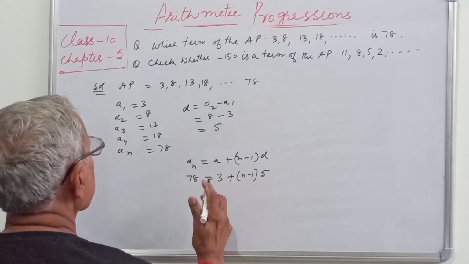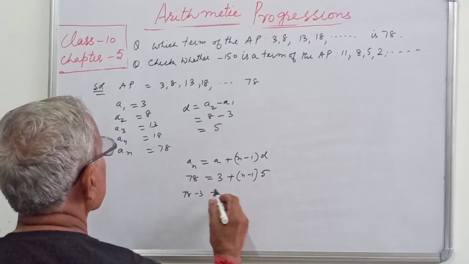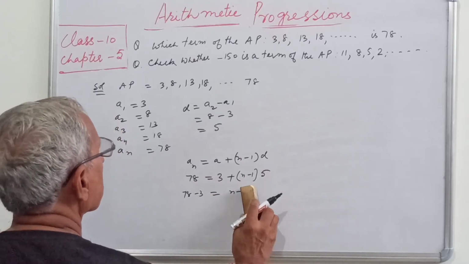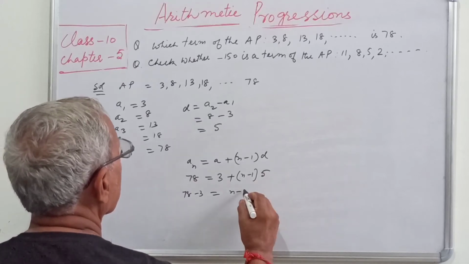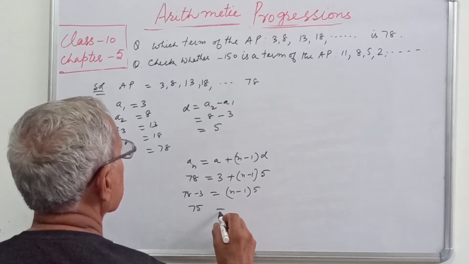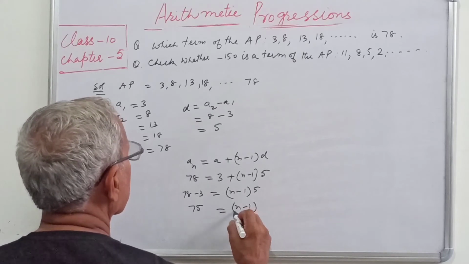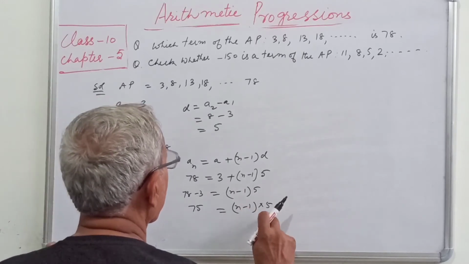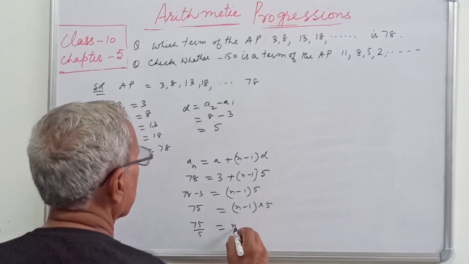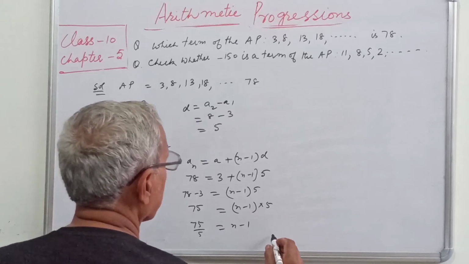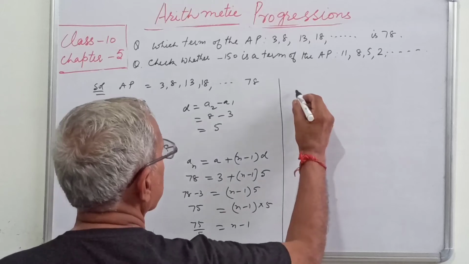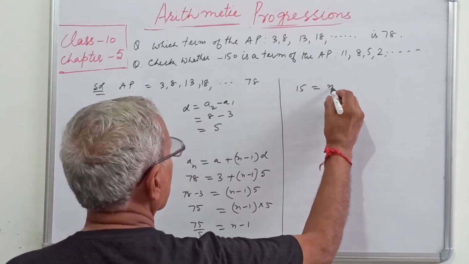तो 3 को पहले इधर किया, 78 माइनस 3, सो हो गया n माइनस 1 इंटू 5, 75 is equal to n minus 1 मल्टीप्लाई बाई 5. तो 5 से इधर डिवाइड किया तो 75 डिवाइड बाई 5 is equal to n minus 1. तो ये आ गया 15 is equal to n minus 1.